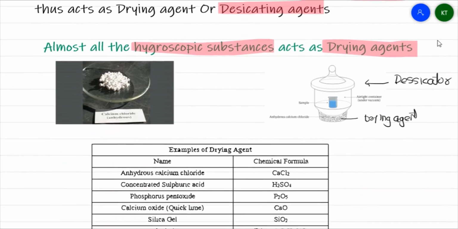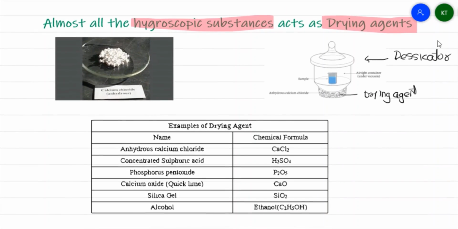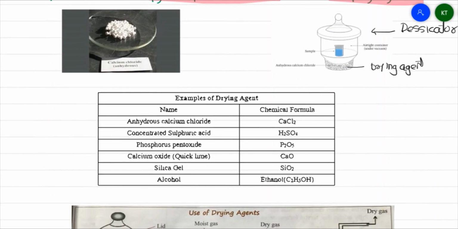Now, which are the examples of drying agents? We have anhydrous CaCl2, concentrated sulfuric acid, which is generally used to dry carbon dioxide and hydrogen chloride gas because it's acidic in nature. Then we have phosphorus pentoxide P2O5, and quicklime, calcium oxide.